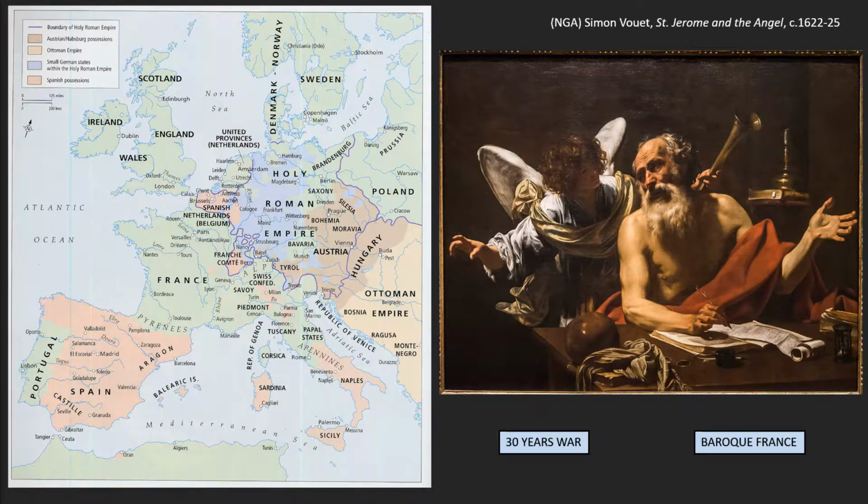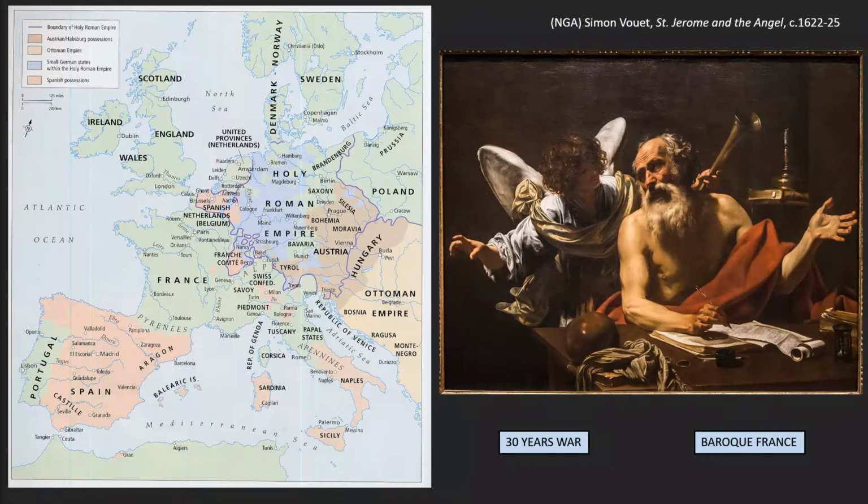And a couple of things that are important, historically speaking, about France in the 17th century. While Holland and Belgium, modern Belgium, were engaged in the 80 Years' War, France was engaged in the 30 Years' War. The early part of the 17th century was a period of extraordinary warfare in Europe. Nearly every country through the course of the 17th century was involved in a war with one of the other European countries.